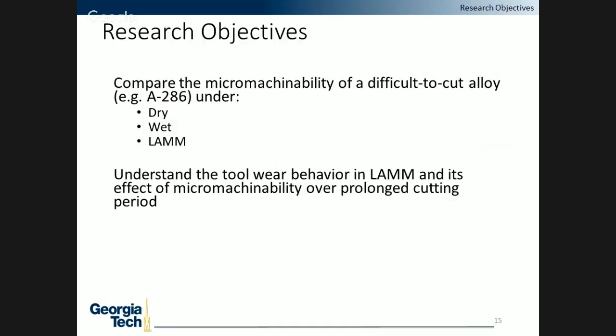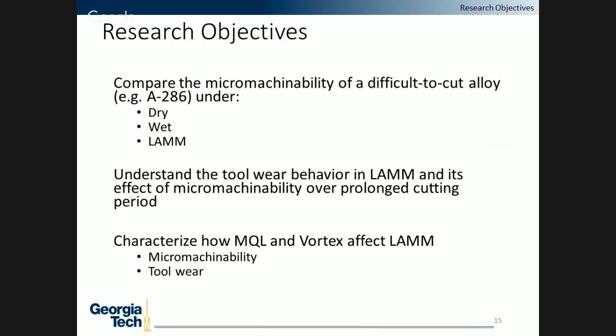The next objective is to understand the behavior of tool wear in the LAM process over an extended duration of cutting, and we'll be doing that by running it like this. The next objective is to characterize how other methods, such as MQL or vortex, could further assist laser-assisted micromilling, and we'll be observing the micro machinability again.